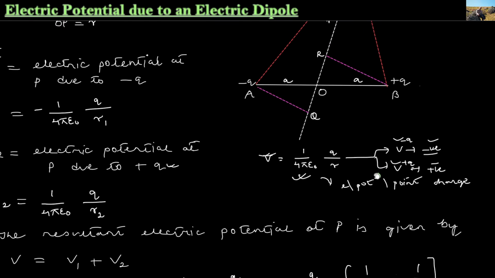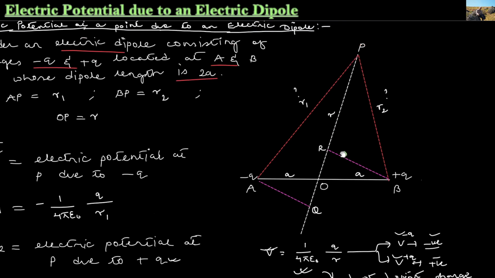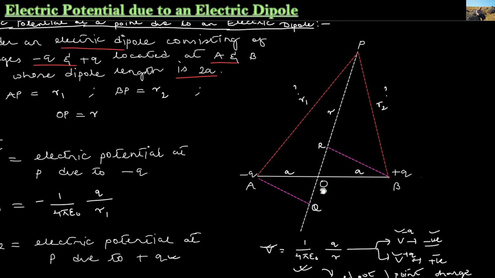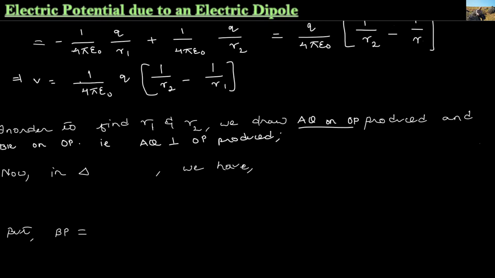EQ is perpendicular to OP produced, and BR is perpendicular to OP. So these are the important cases.